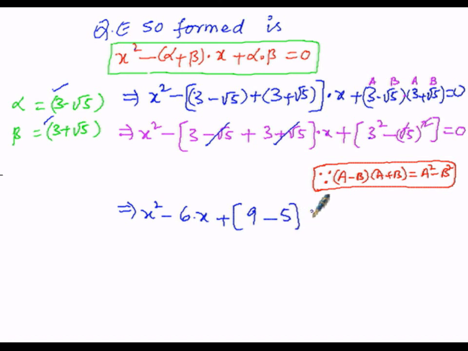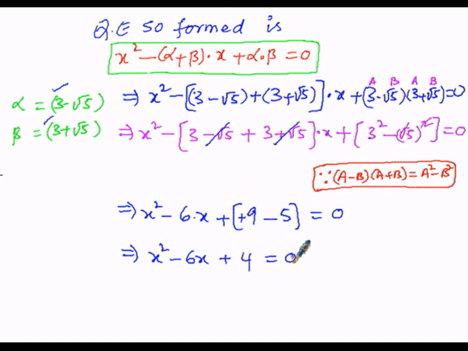That equals 0. So x square minus 6x plus 9 minus 5, and 9 minus 5 is 4, with a positive sign since 9 is greater than 5. So that equals 0.